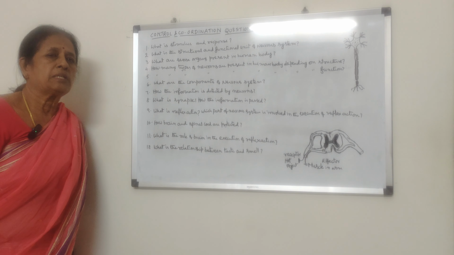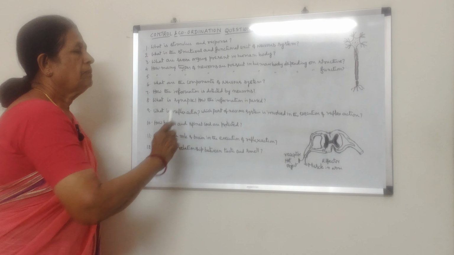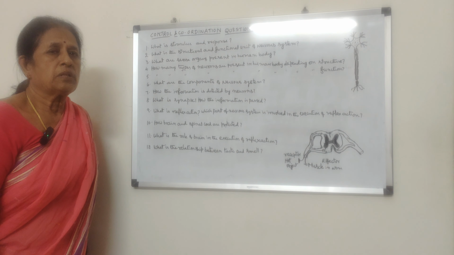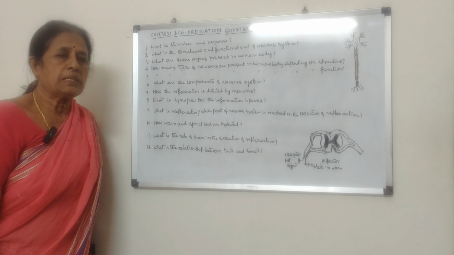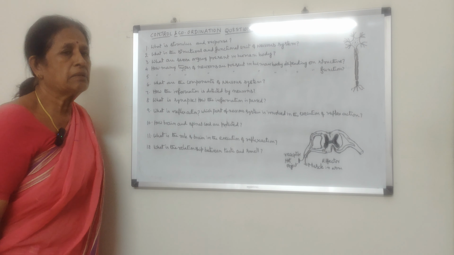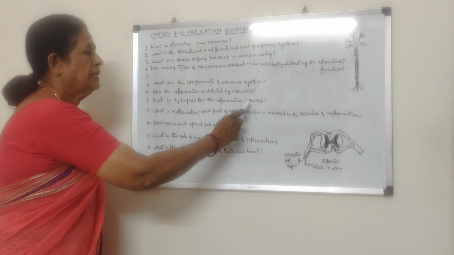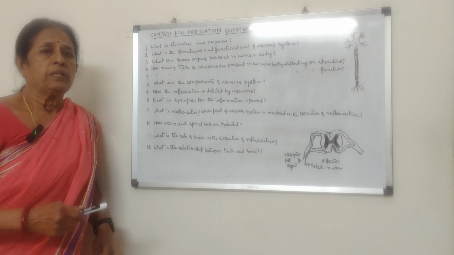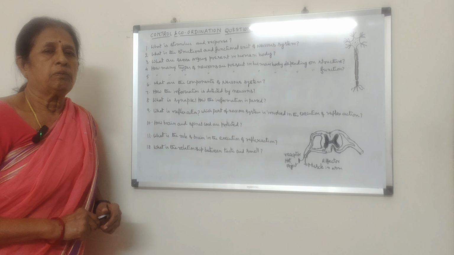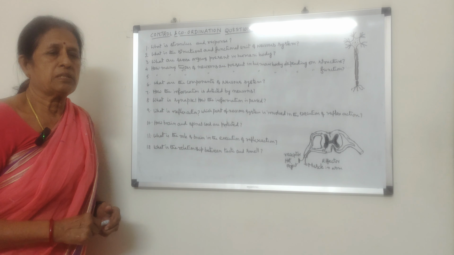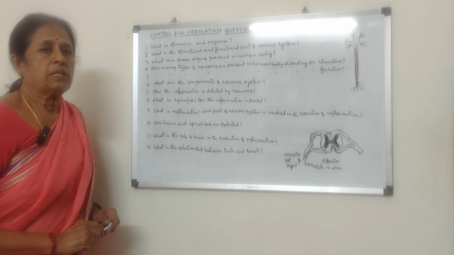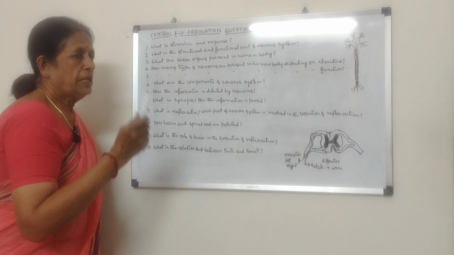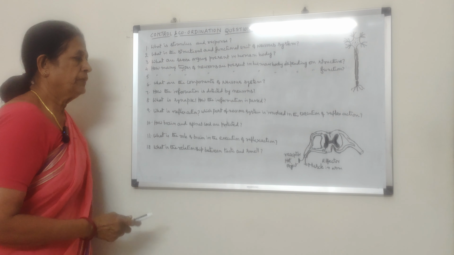Small chemicals are produced and a small amount of electricity is generated, which is called action potential, and the information is passed from one neuron to another at a very fast rate. The information finally reaches the brain and spinal cord.